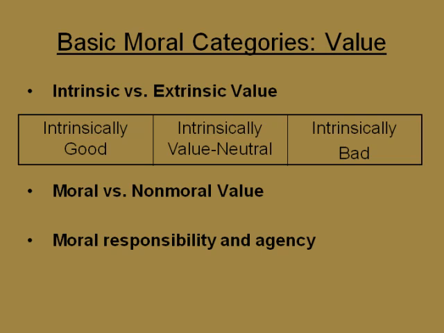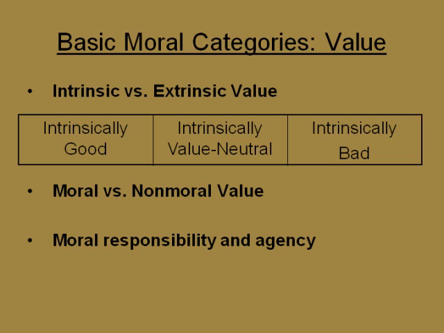A thing that is intrinsically good is good in itself. That is, it doesn't require anything else to make it good. So many people, for example, point to things like happiness or love as having intrinsic value.